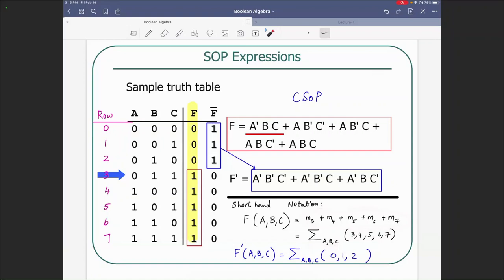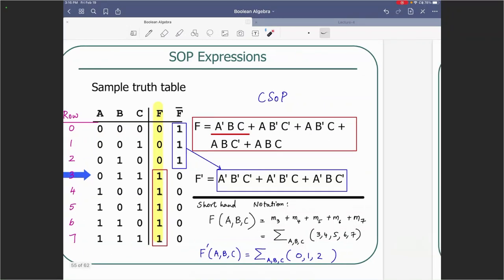One, you can translate a sum of product expression into a canonical sum of product expression. All you would have to do is take that SOP expression, make a truth table for it, look at where the zeros and ones are, and you know it. Right, so that is a canonical product of sum. Just hold on, we'll get there. We could also determine canonical product of sum quickly by doing De Morgan's to F complement. Yes, you're right.